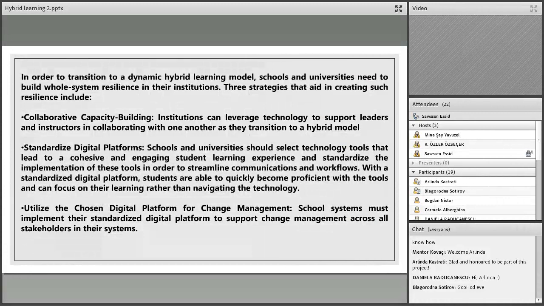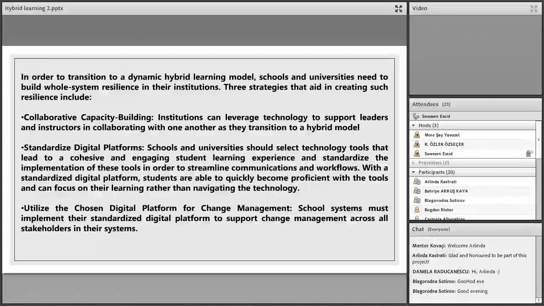Now, what are we going to do in order to move to a dynamic, motivating hybrid learning model? We need to build a whole system of resilience in our institutions, I mean in the schools and universities. We have three strategies that help in creating such resilience. First of all, collaborative capacity building.